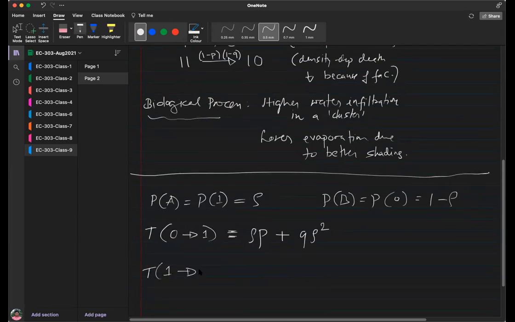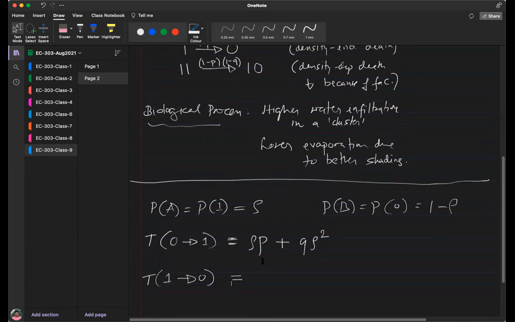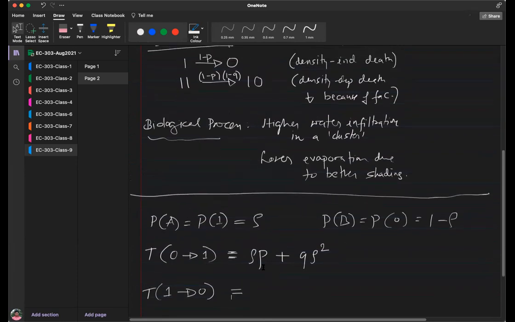Now let's look at death. The first one is the density independent death. Of course the given site is 1 now, so P of the given site is 1.